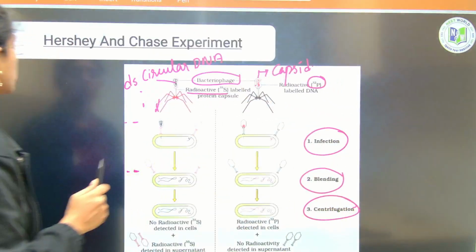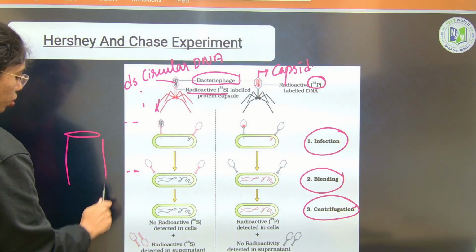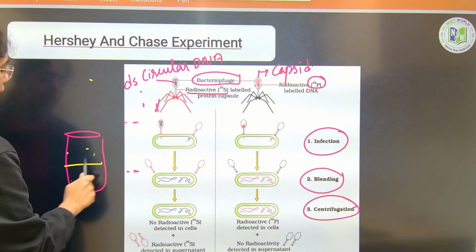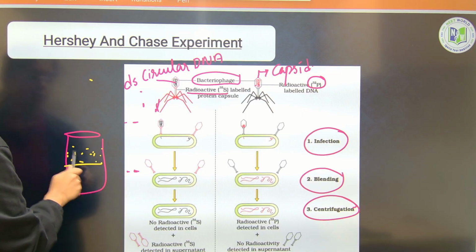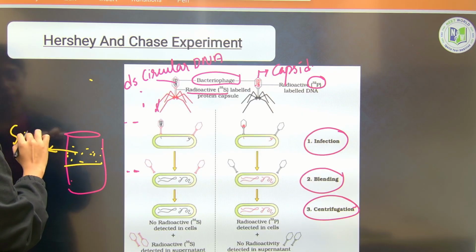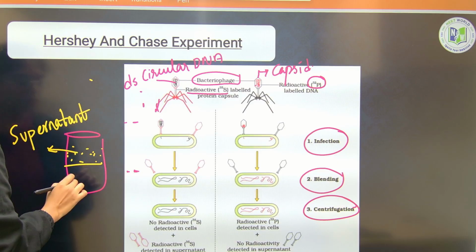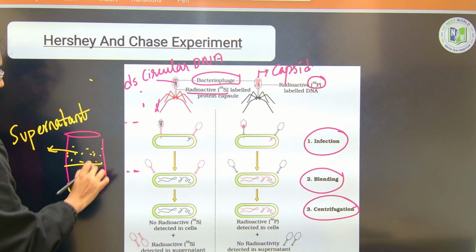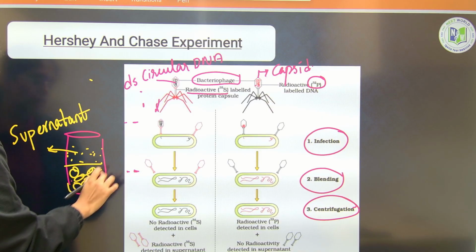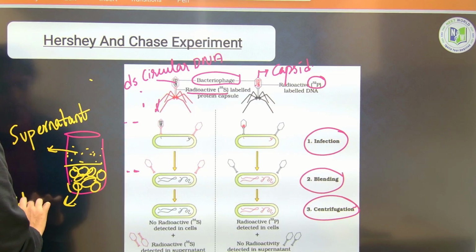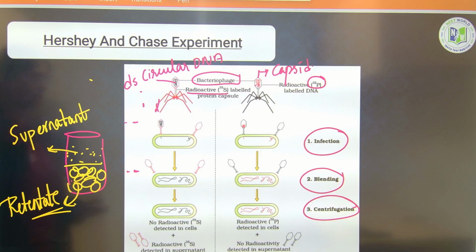After centrifugation, in the test tube, the filtrate particles will be above in the supernatant, and below you can see the dense molecules, which is the retentate.